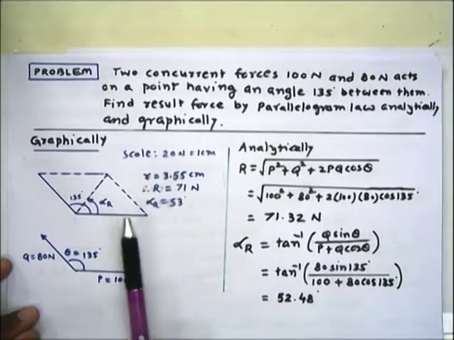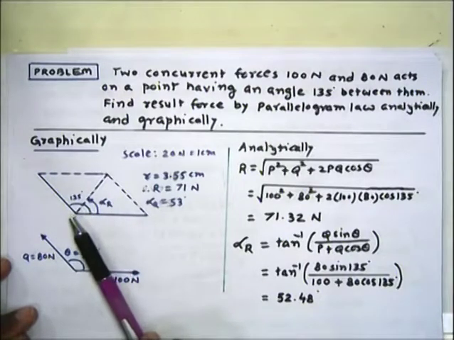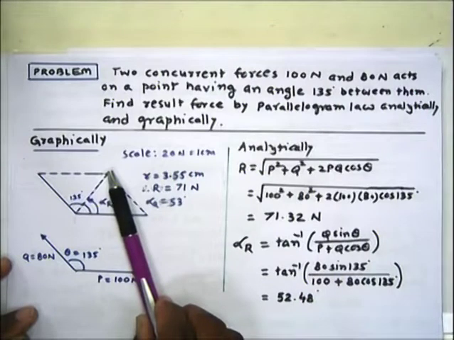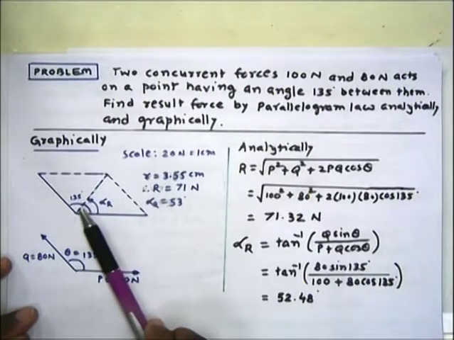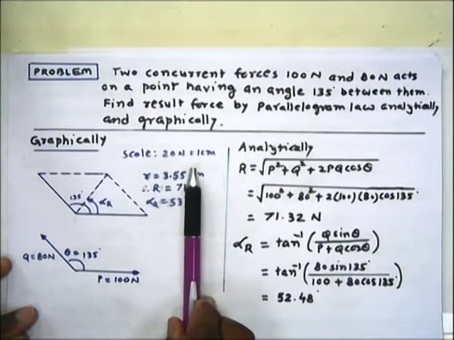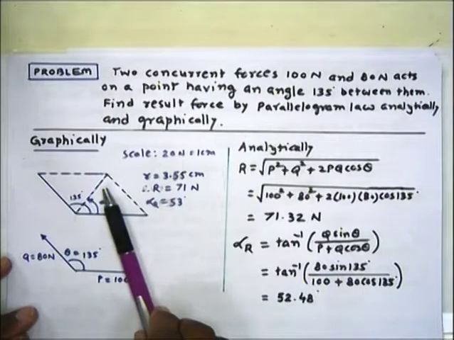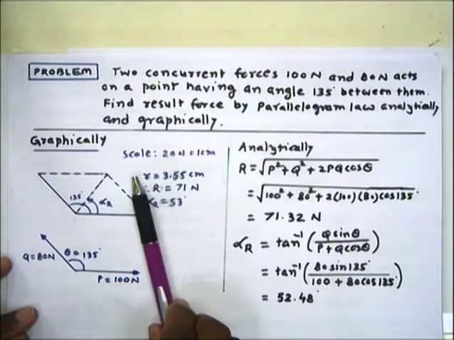Okay, then how are we getting the resultant? Drawing the diagonal through the intersection point of the forces. So you draw the diagonal through the intersection point. So this diagonal is nothing but the resultant force. By measuring the length of this diagonal in centimeter, we will have the resultant force in Newton from scale in our required unit.